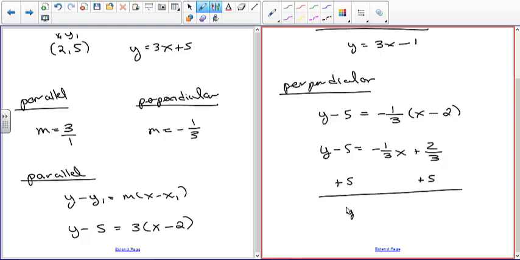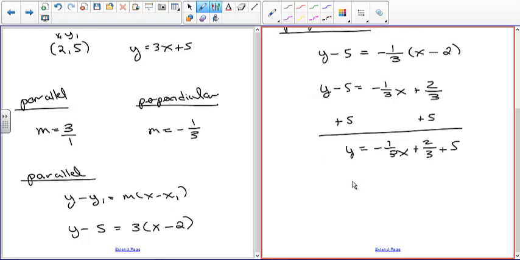So you get y equals negative 1/3 x, and we get 2/3 plus 5. And 5 is 15/3. Multiply the numerator 5 times 3 and the denominator 1 times 3. So you'll get negative 1/3 x plus 17/3.